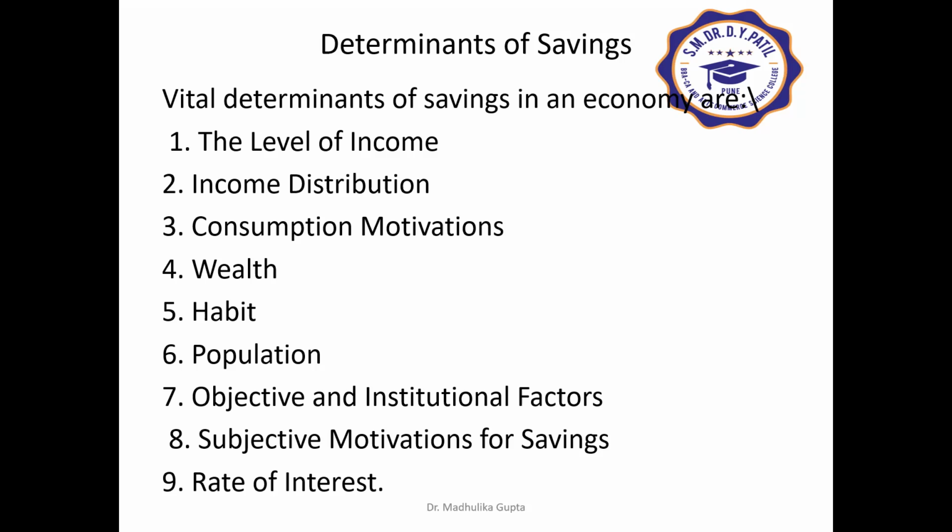The next is objective and influential factors. Now, there are a number of objective factors, mostly institutional by nature, which affect the capacity and willingness to save of the people at large. For example, political stability and security of life and property encourage people to save more.